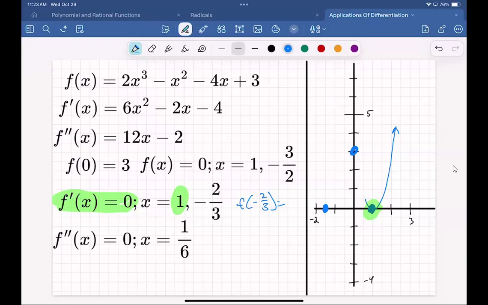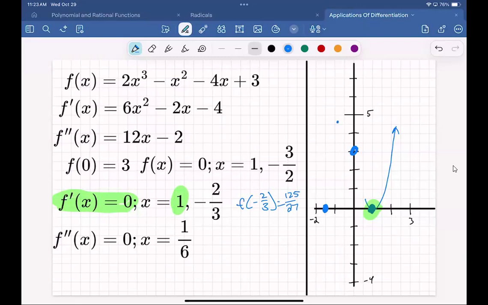So this is where I'm going to put that 2x cubed minus x squared minus 4x plus 3. I'm plugging in negative 2/3. And it tells me it's 125/27. So we're just going to do our best to put it at negative 2/3. It's 4.6.